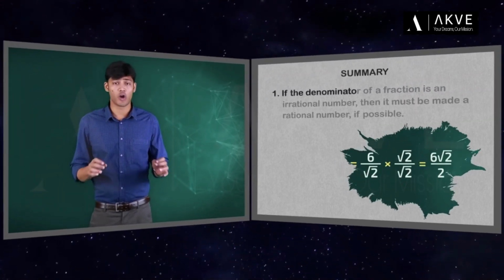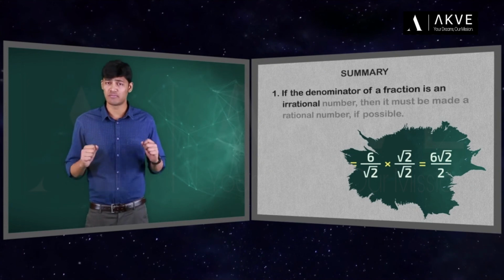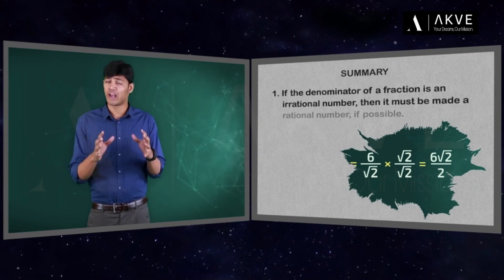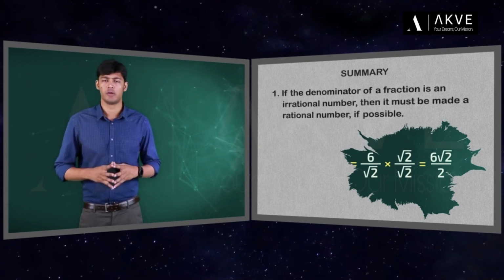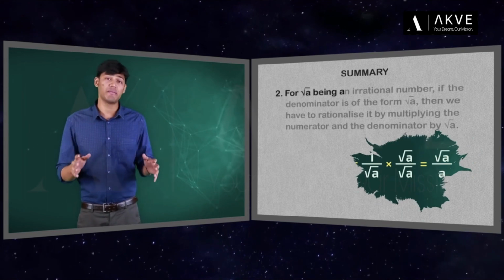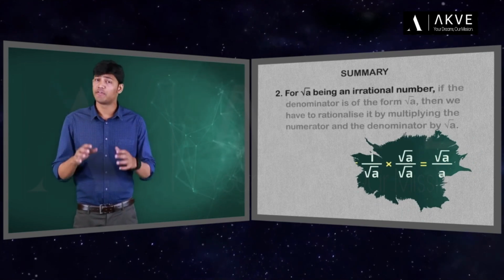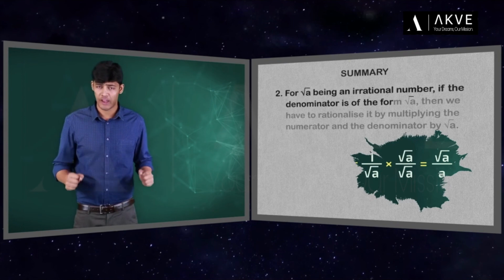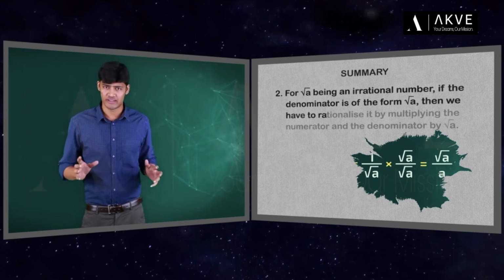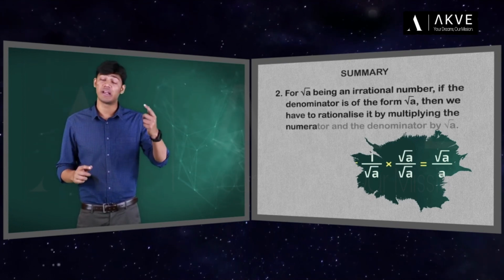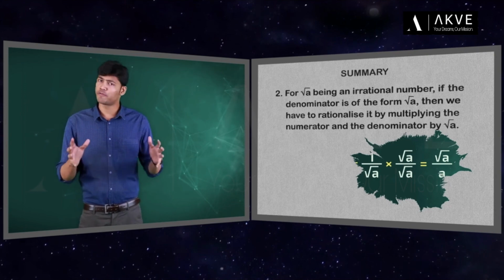If the denominator of a fraction is an irrational number, then it must be made a rational number if possible. First, square root of a being an irrational number, if the denominator is of the form square root of a, then we have to rationalize it by multiplying the numerator and the denominator by square root of a.